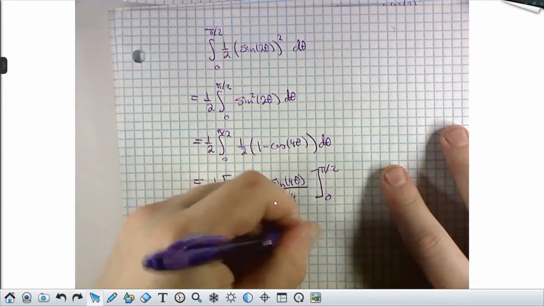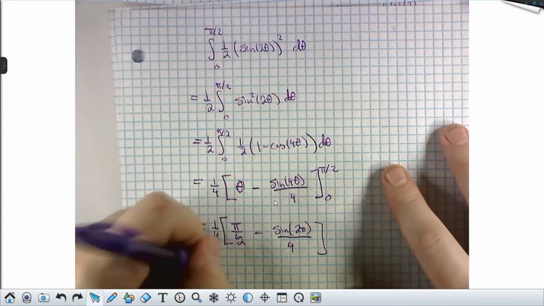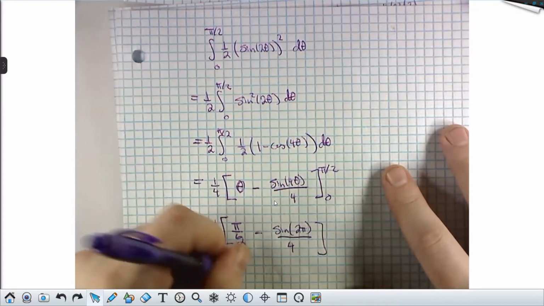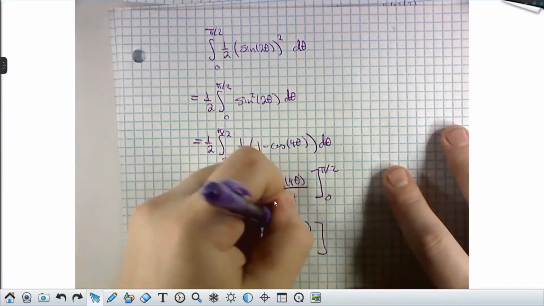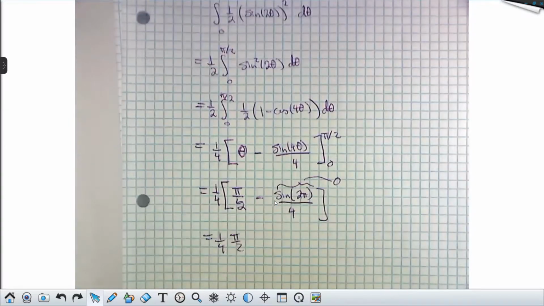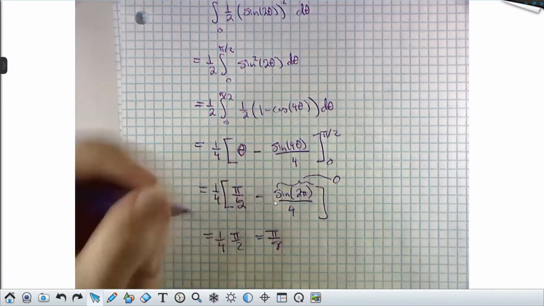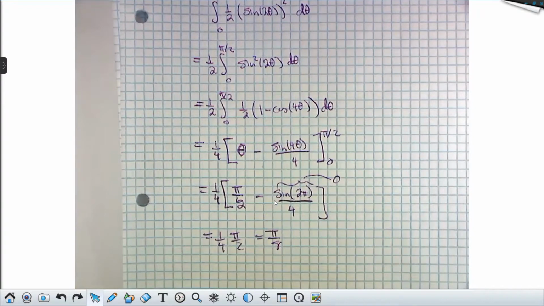Uh-oh. That's 0 again, isn't it? So I just get 1/4 times pi over 2 because sine of 2 pi is 0. So it's pi over 8. That's the area of one petal.